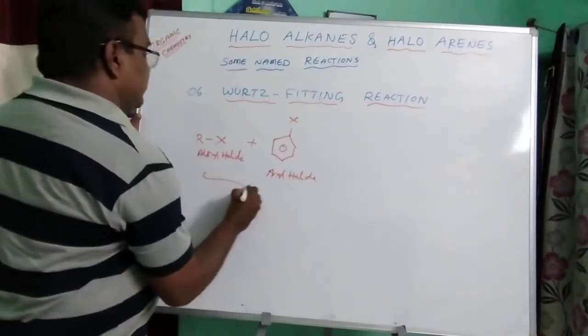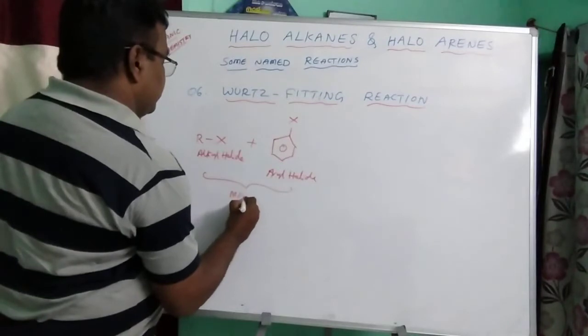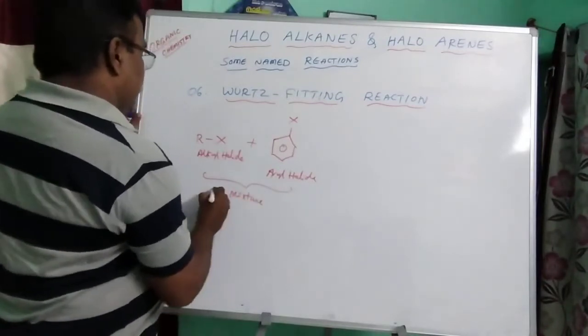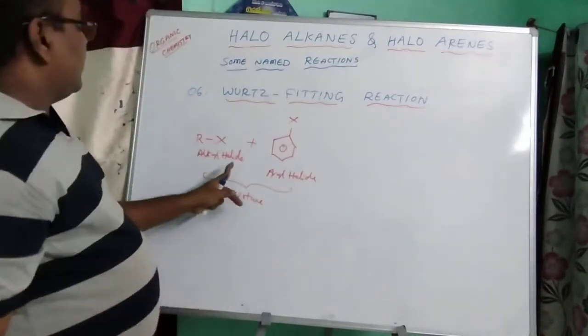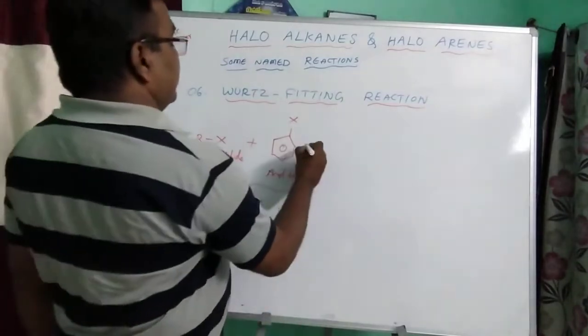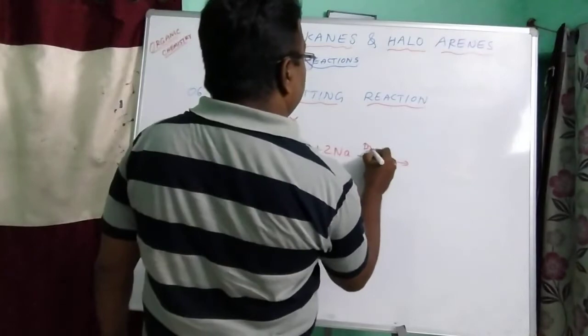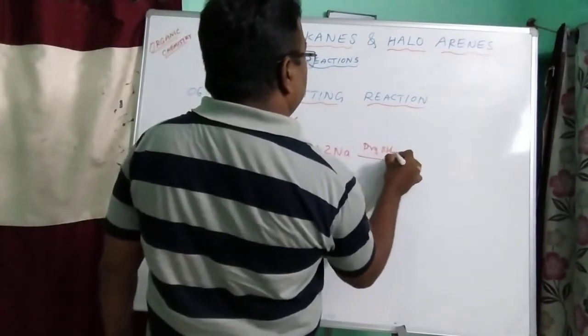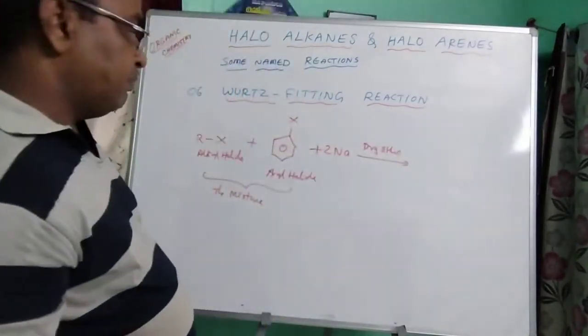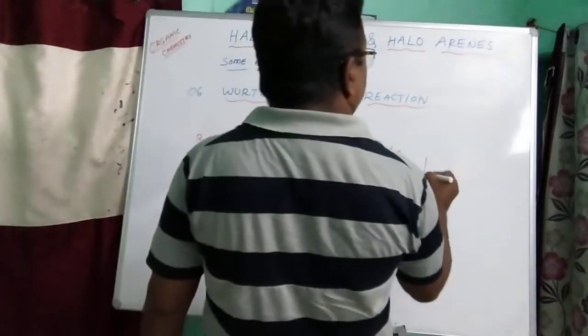Now the mixture of alkyl halide and aryl halide reacts with sodium metal in presence of dry ether, it gives alkyl arene.